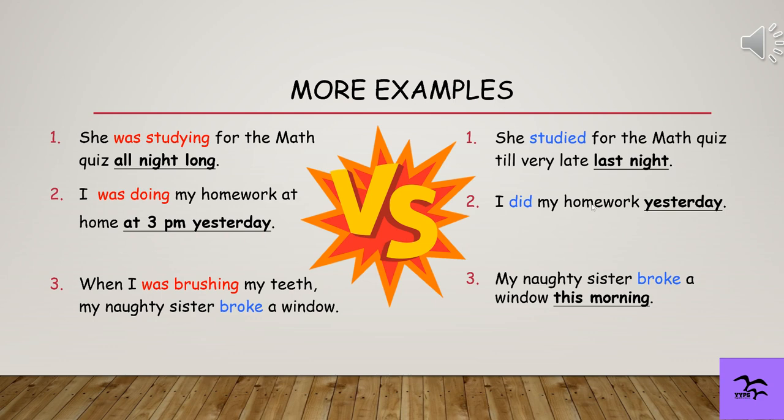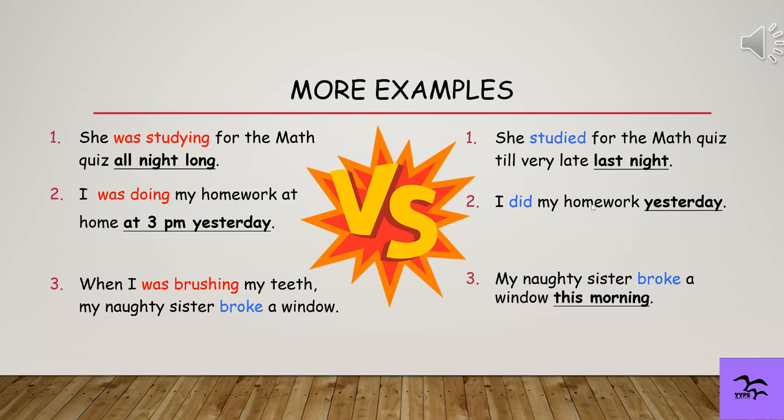Similarly, in the last pair, sentence number 3: when I was brushing my teeth, my naughty sister broke a window. Another one: my naughty sister broke a window this morning. So the sentence on the right, in simple past tense, only focuses on the fact that a window was broken by my sister this morning.